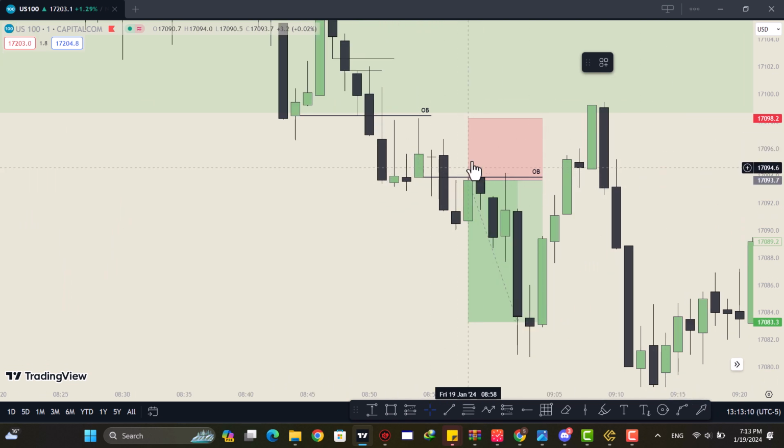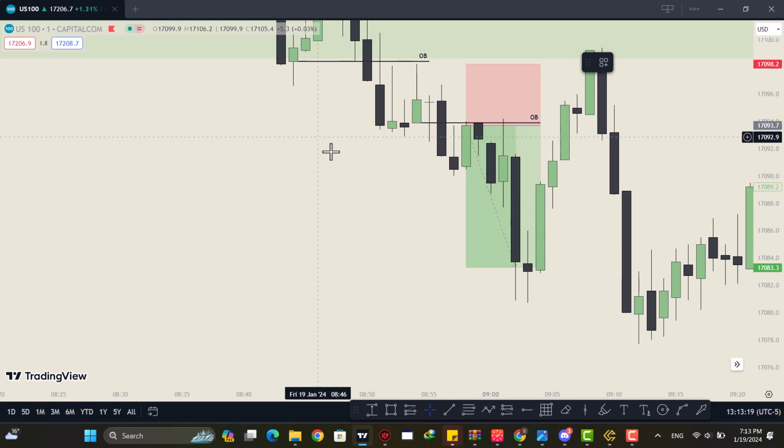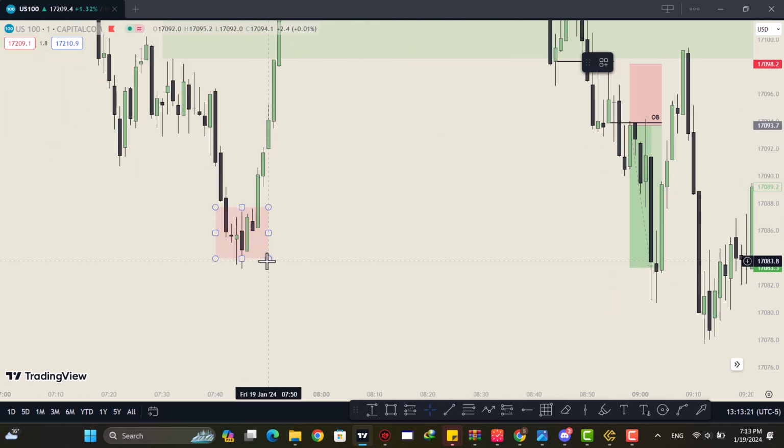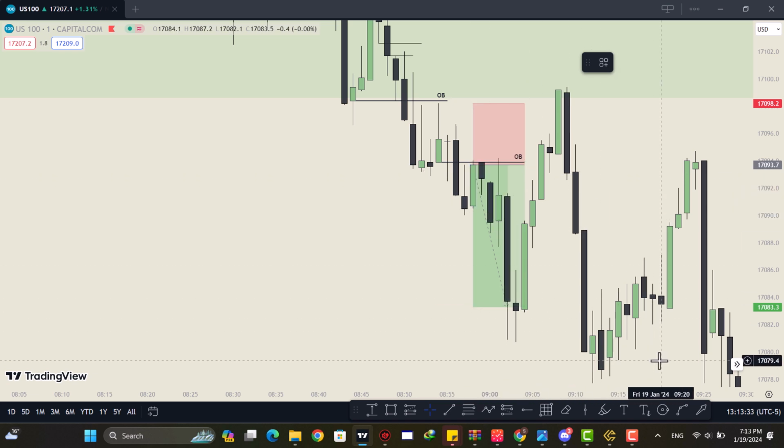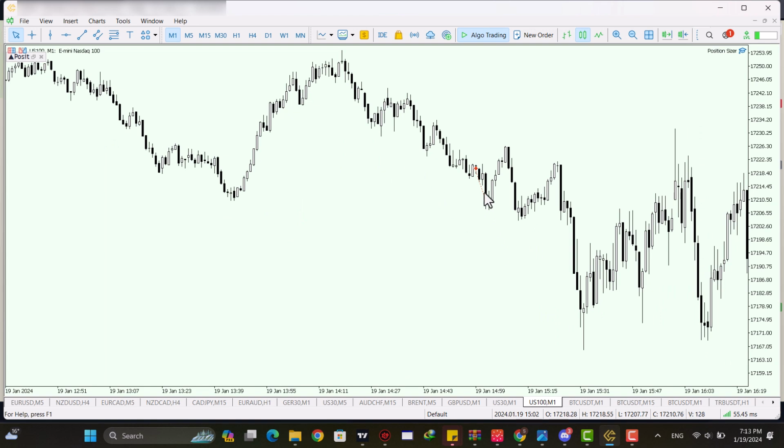My stop loss is above the candle, since I know that price should not violate that, and my target is this original consolidation. And as you can see, beautifully price pushed to the downside. This was like 1, 2, 3, 4, 5 minutes to hit TP. So, entry from that order block right here.